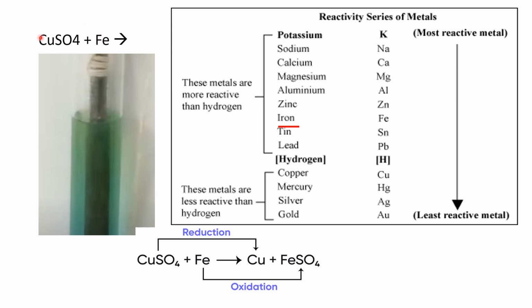Nangilog siya position sa copper. So displacement reaction. Iron is able to displace copper because iron is more active than copper because it is located higher than copper in the reactivity series. So this is the balanced equation.